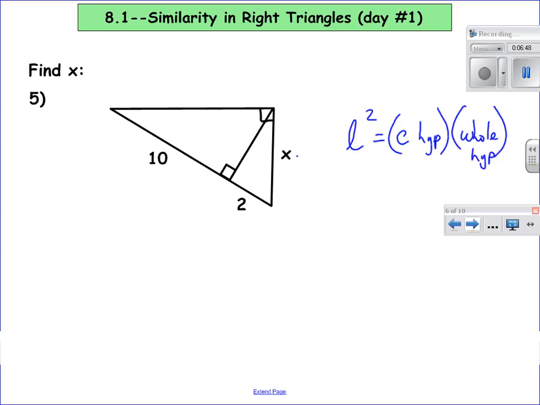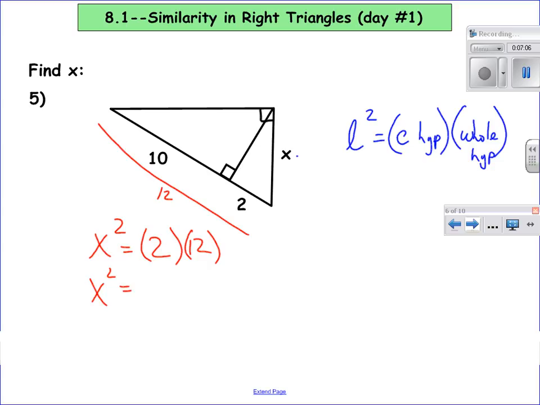So x squared equals closed piece of the hypotenuse, which is 2, times the whole hypotenuse, which is 10 plus 2, so 12. So x squared equals 24. Take the square root.